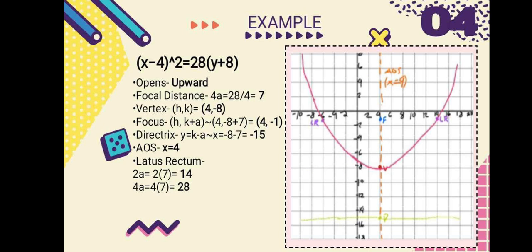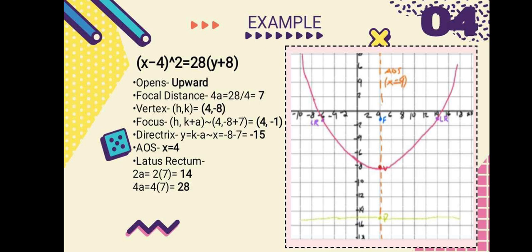When we say y, it is either upward or downward. But since our value is positive, which is positive 28, it opens upward. It would be downward if the value is negative 28. But since it is positive, the opening of our parabola is upward.